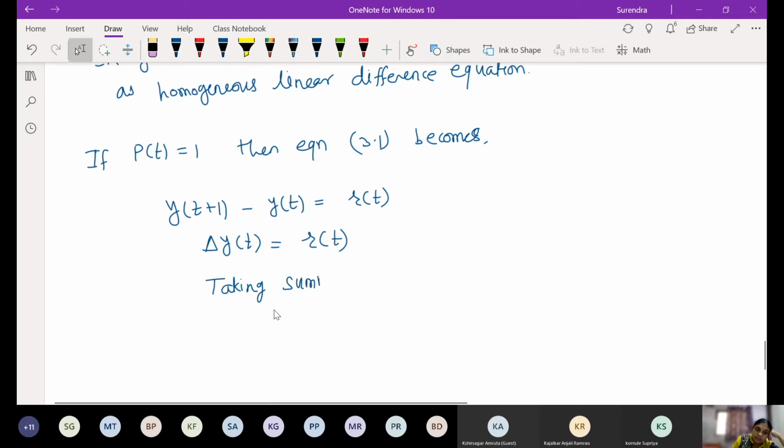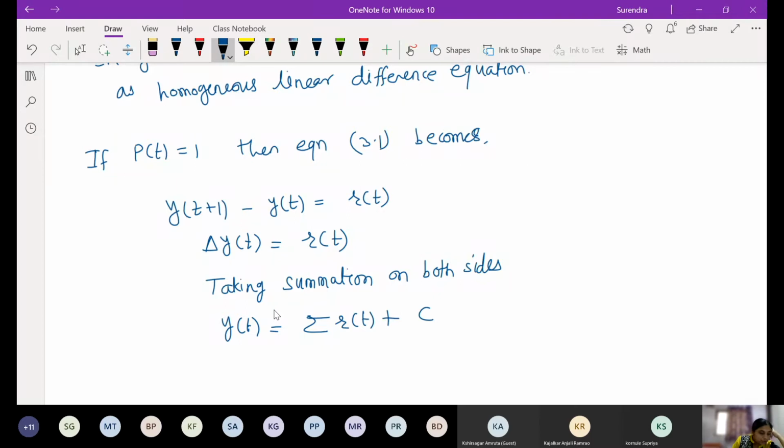If I take summation on this side, summation and delta will cancel, giving the original function as it is, and the indefinite sum of r t plus c of t, an arbitrary constant, where delta c of t is equal to 0.